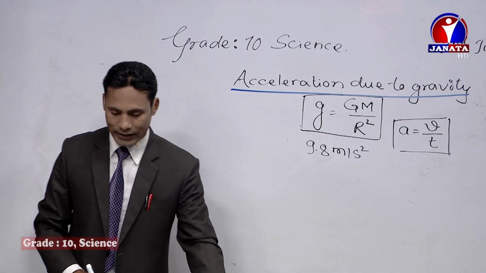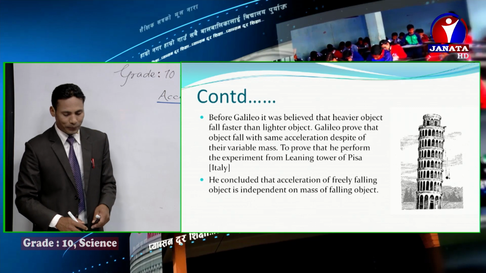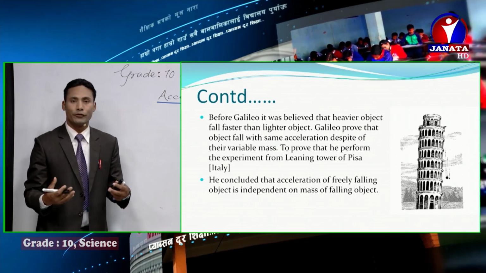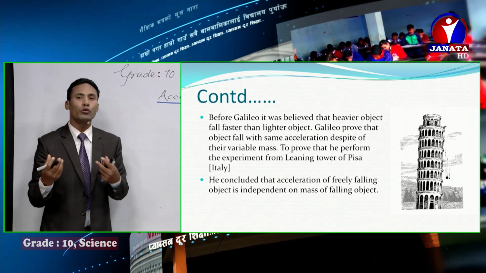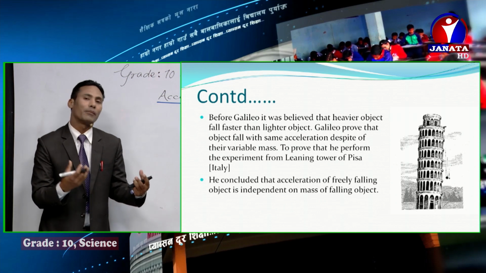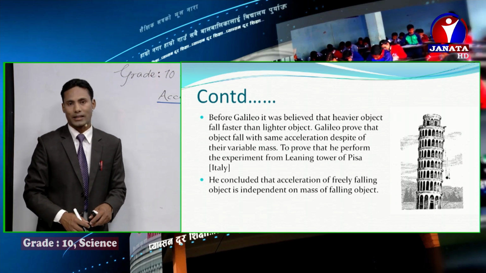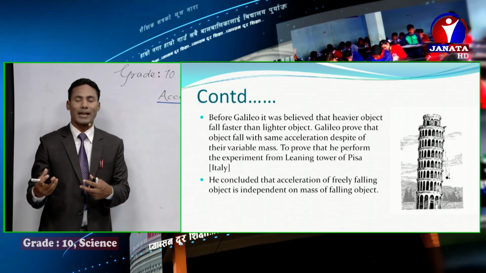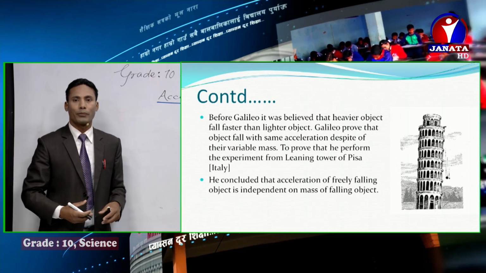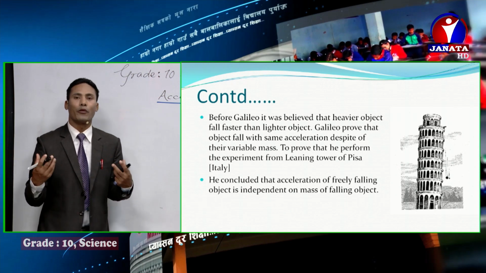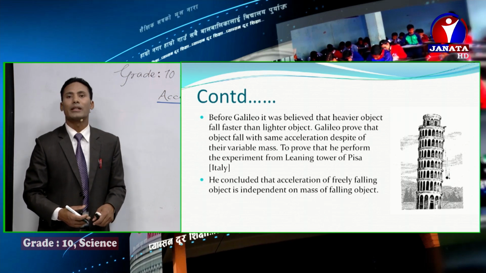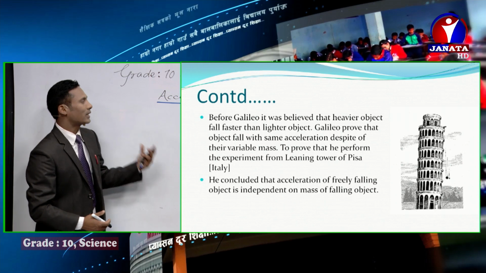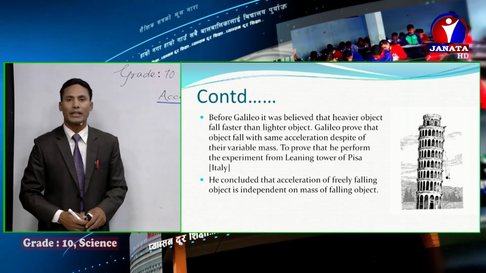Galileo proved this with the help of two stones, one of bigger mass and another of smaller mass. When both were let fall from the top of the tower, he found that the small stone and the large stone struck the ground at the same time, which concludes that the acceleration due to gravity of a freely falling object is independent of the mass of the falling object.